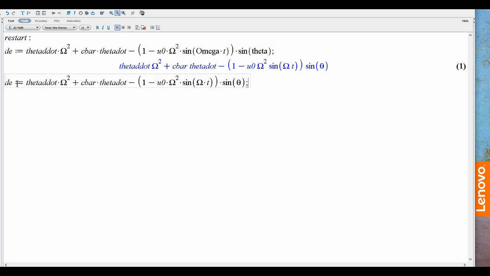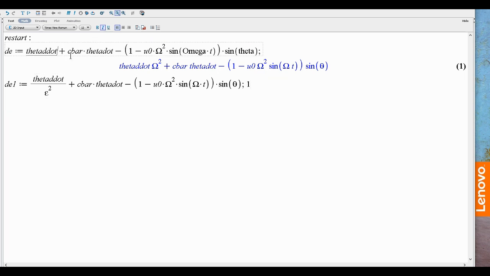For my purposes, I'll call this dE1, and I will put here by epsilon squared. Okay, because that's omega. Why did I put here theta double dot times omega squared? I should not have put it. I'm very sorry. It will come later. I hope that's better.